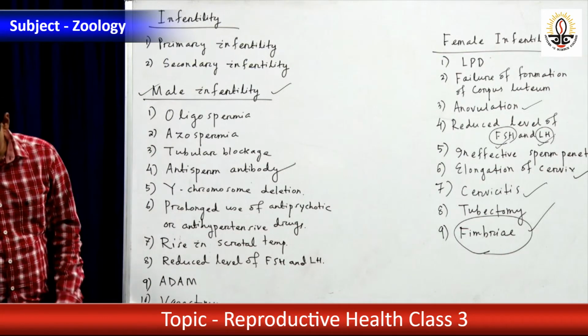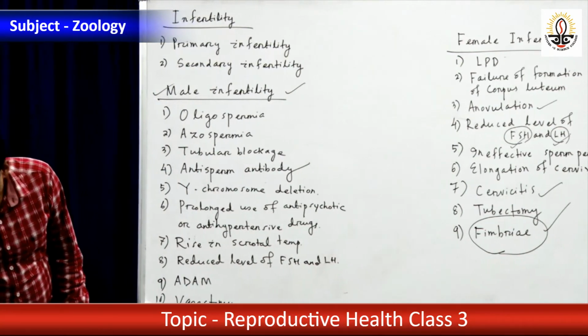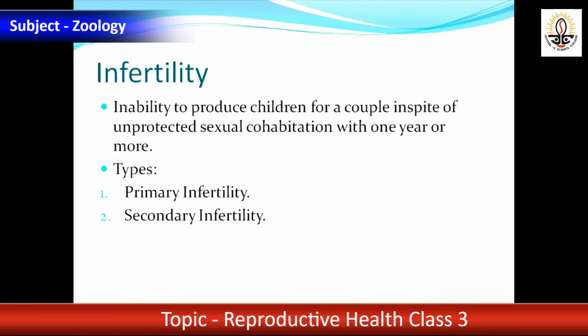Now go to the slide. Here I have written, just look at the slides I am showing you. Inability to produce children for a couple in spite of unprotected sexual cohabitation of 1 year or more. Infertility is of two types, primary and secondary infertility.